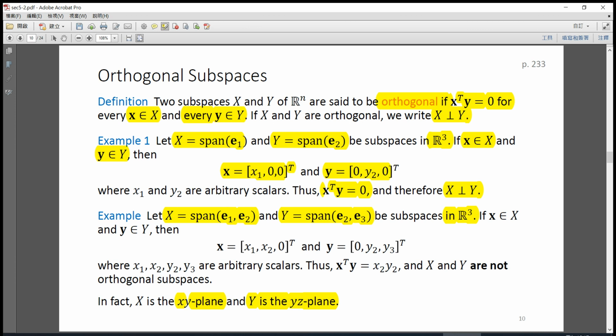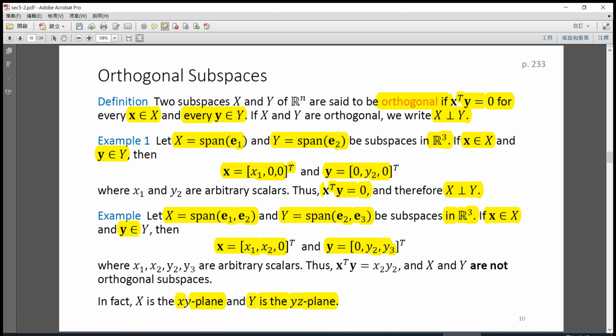If x belongs to the xy plane, then the vector x can be written as x1, x2, 0. And if y belongs to the yz plane, then y can be expressed as 0, y2, y3, where x1, x2, y2, y3 are arbitrary scalars.